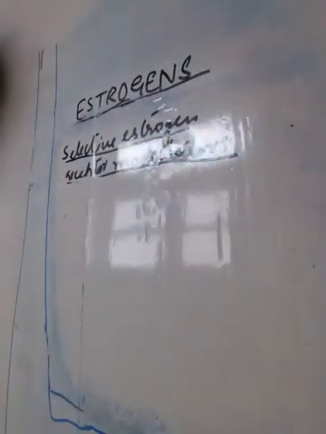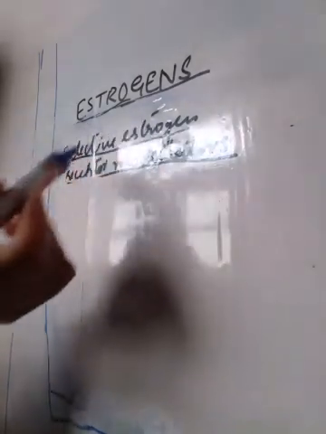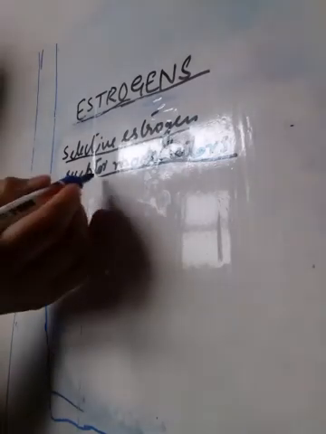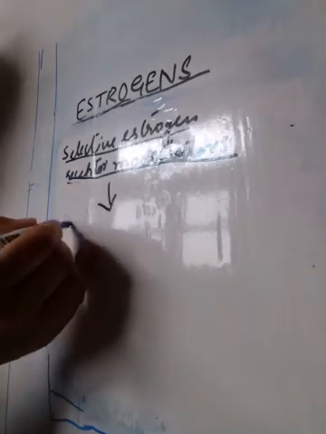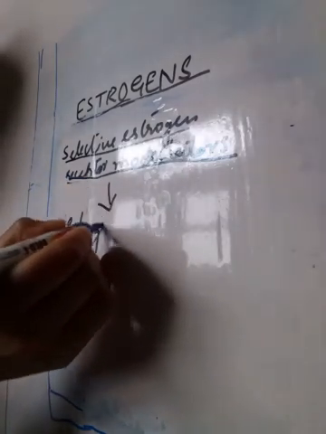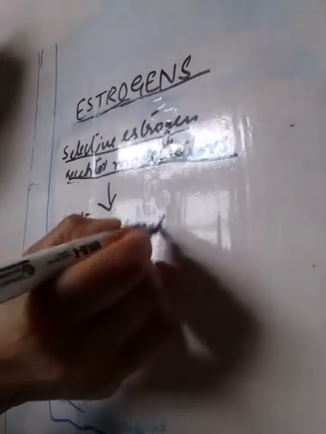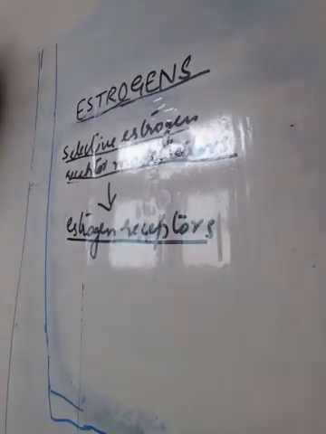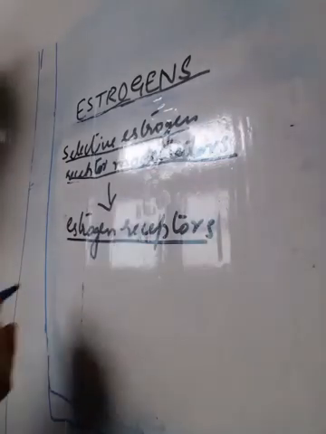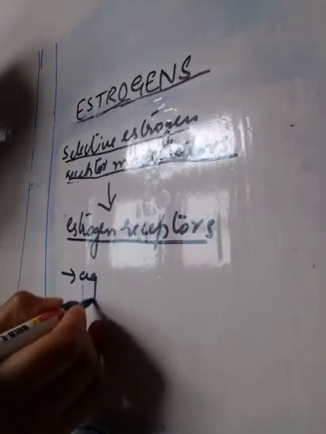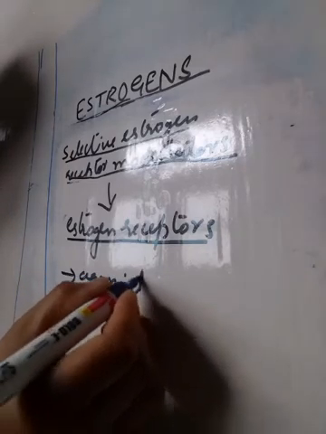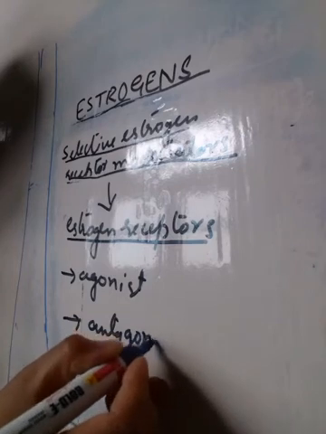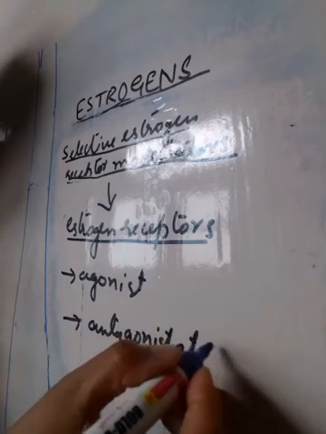Now coming to our topic, that is selective estrogen receptor modulators. These are the substances which act on estrogen receptors. However, they act as an agonist at some places and antagonist at other places.